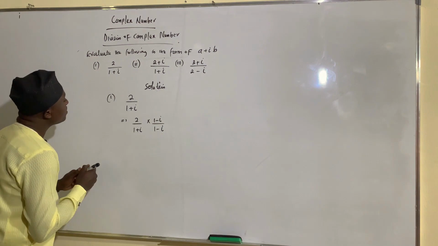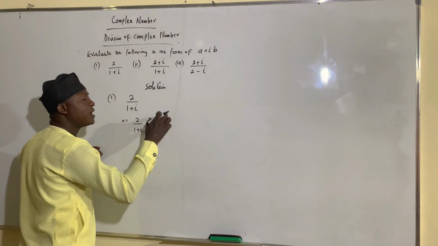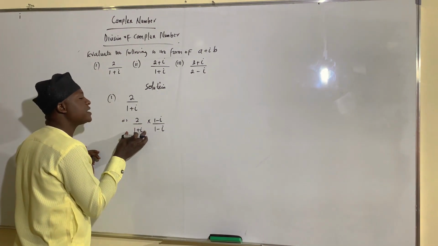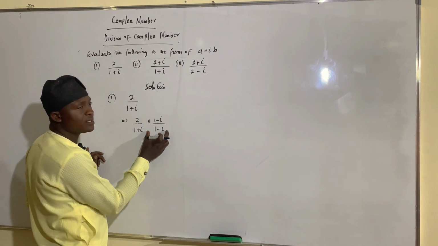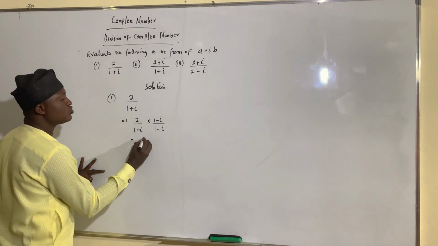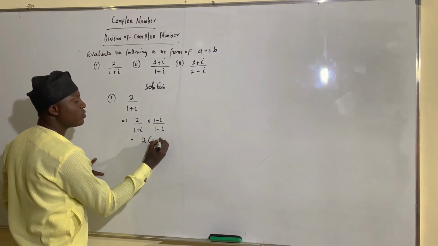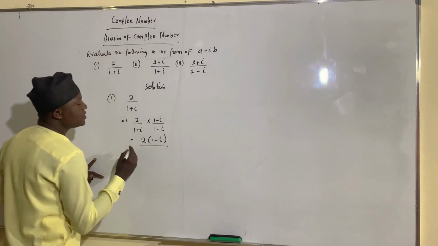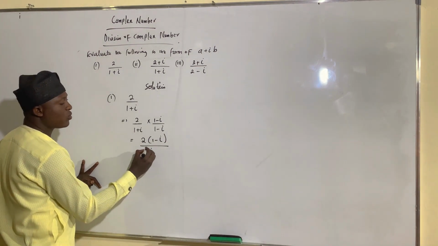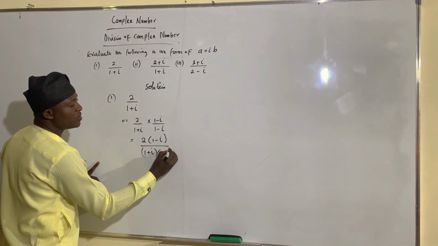Good. Now, numerator multiplies numerator, and denominator multiplies denominator. So this becomes 2 times (1 minus i) over (1 plus i) times (1 minus i).